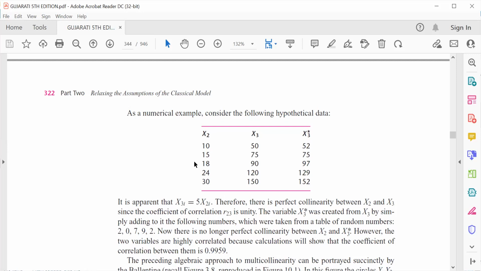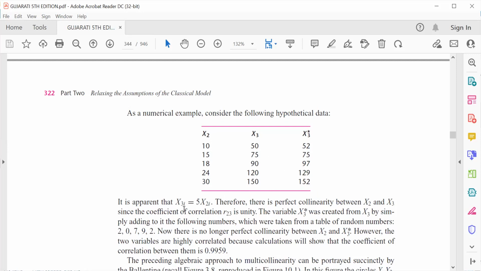This is perfect multicollinearity. 10 times 5 is 50, 15 times 5 is 75, 18 times 5, 24 times 5, and so on.